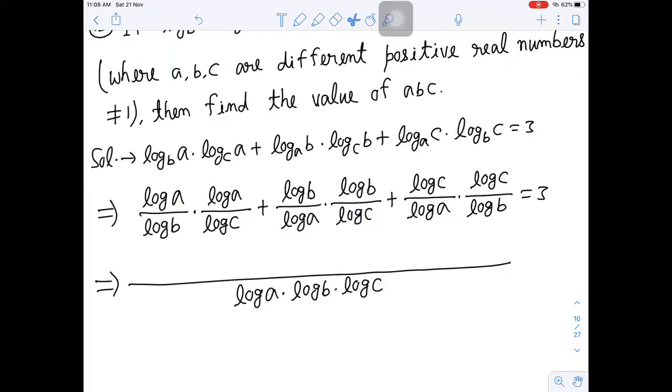Log b is missing, so you will multiply the numerator by log b, so it will become log b whole cube. Here what is missing? Log c is missing, so you will multiply the numerator here by log c, so it will become log c whole cube. So you will get log a whole cube, or if you don't want to do like this, then yeah, you can take log a as x, log b as y, and log c as z. So you can do that also.